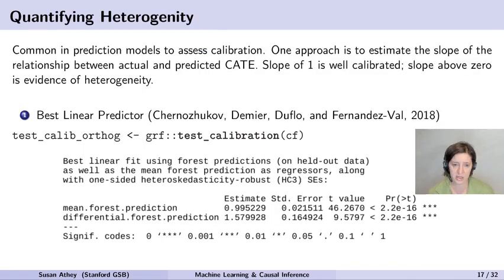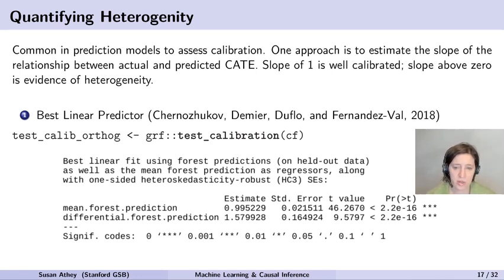But before we do that, let's take a look at calibration using an approach based on regression. We're going to use this method that was formalized in Chernozhukov et al. 2018, which is related to the transformed outcome approach that we suggested in Athey and Imbens 2016.